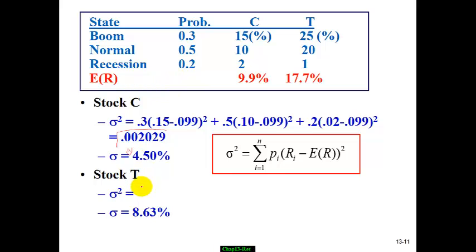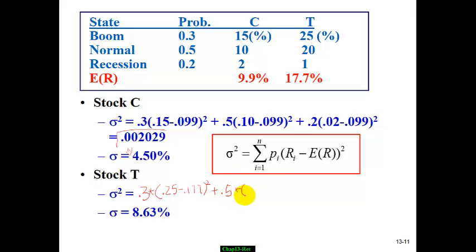So let's practice for stock T. First, focus on the boom economy. Probability is 30%. Return is 25, away from 17.7. Take a square, then continue.